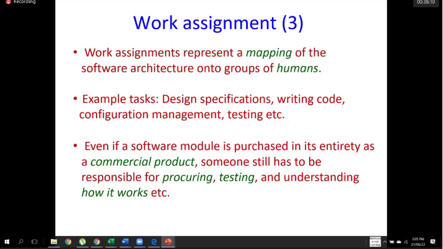Even if you purchase some software from outside, maybe a commercial product, there is still a process involved. You have to purchase, procure it, then test it. Ultimately, you have to deliver it and install it on the customer side. Then maintenance work. Whether you build software in-house or get it from outside, this human activity component is important.